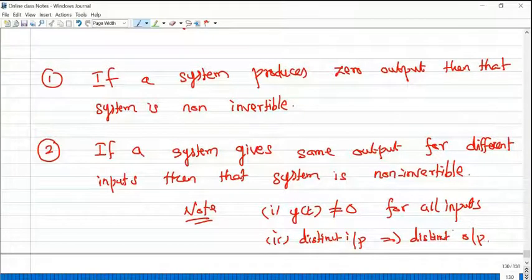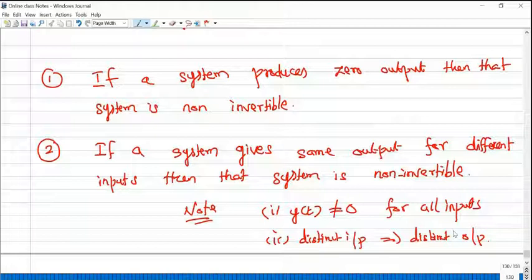Meaning, one particular input to the system should generate one unique output. If more than one input gives the same output, then we are not able to identify the system. We cannot recover our original x of t. Say for example, sine pi is 0, sine 2 pi also 0, sine 3 pi also 0.